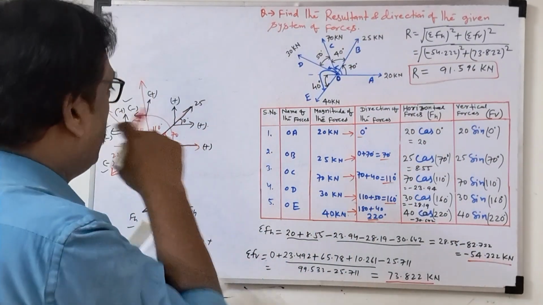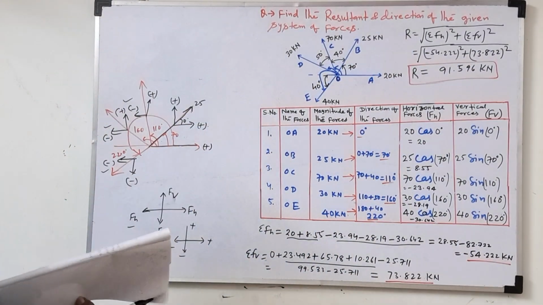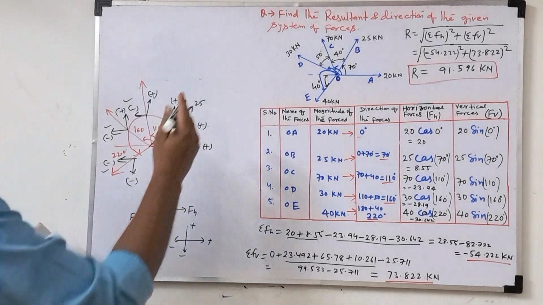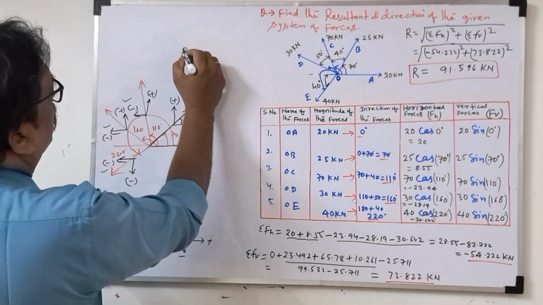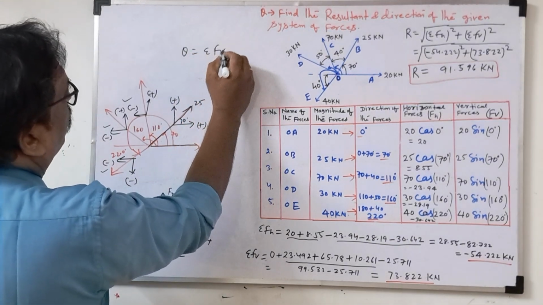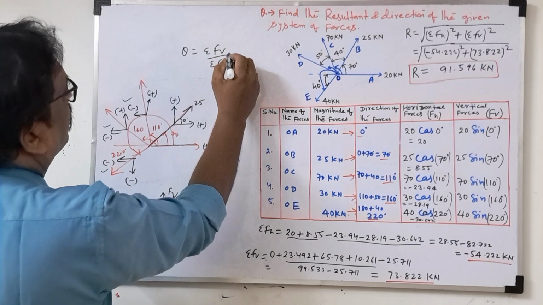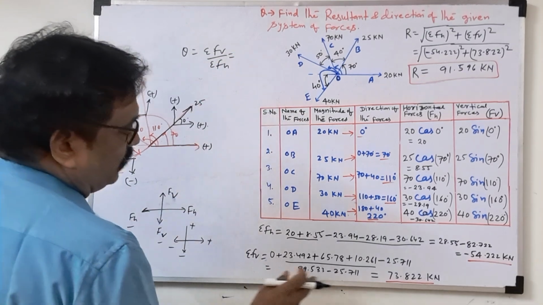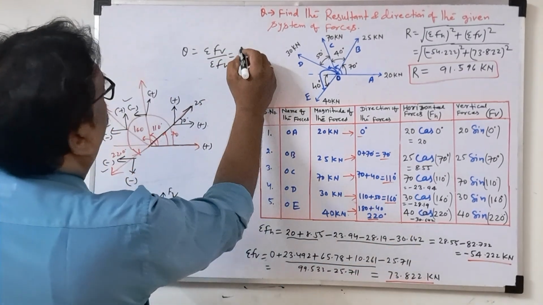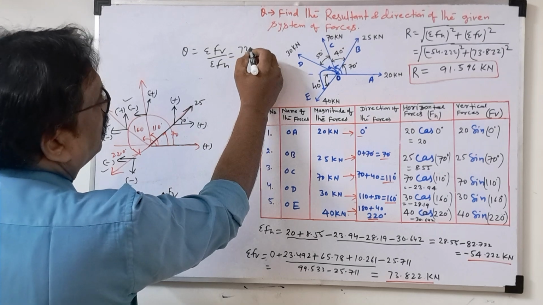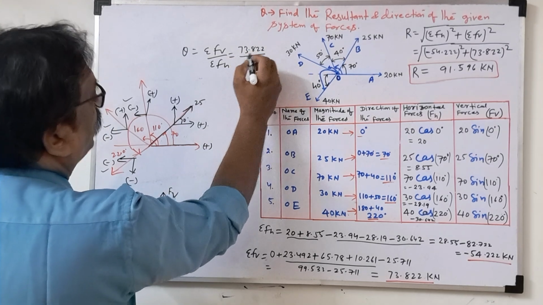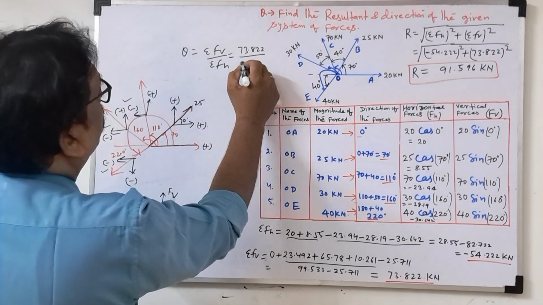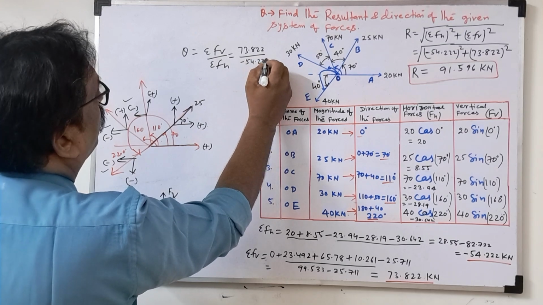So resultant is over. Now direction. How will we find the direction? Look here. Direction means tan theta is equal to sigma Fv by sigma Fh. What is the sigma Fv? 73.822. Then this value will be minus 54.22.